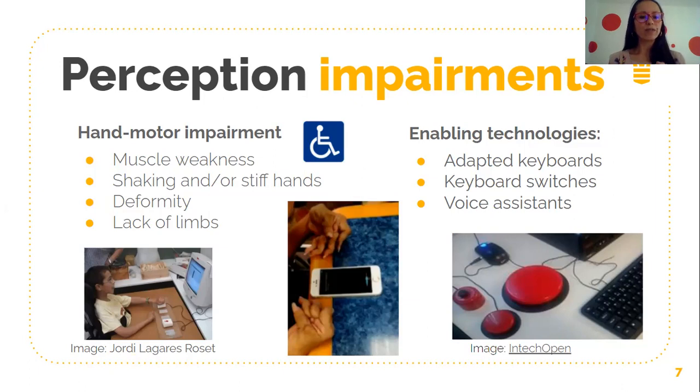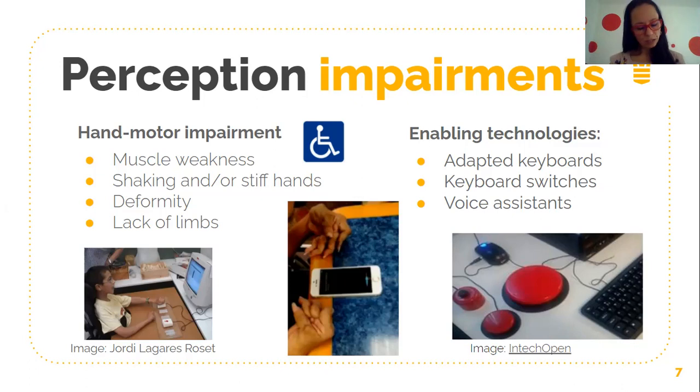They could also have some deformity in their hands, also caused by disease, and they can move their hands maybe, but they cannot have the same freedom of movement because of the shape of their fingers. Or they could just not have a hand or both hands. That is the lack of limbs.